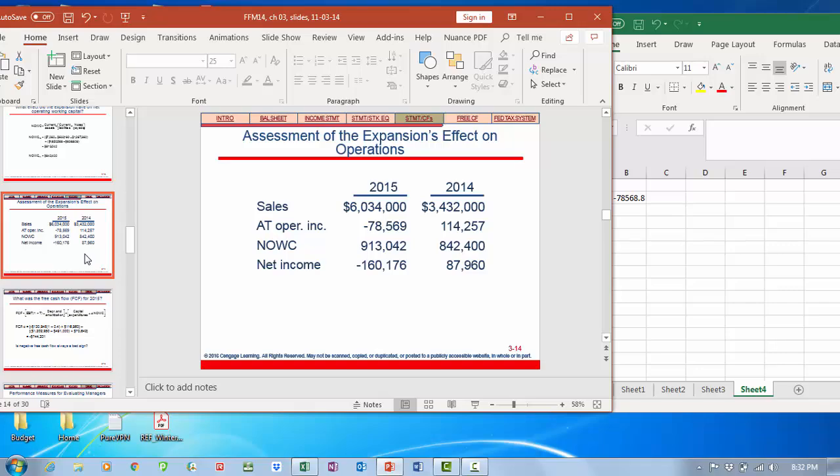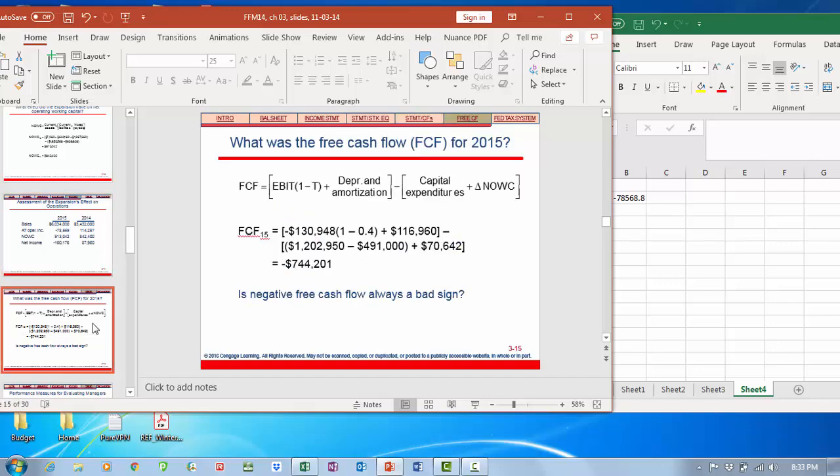For example, Research in Motion, the manufacturers of BlackBerry, which were really a successful company once upon a time, but they fell behind because they could not keep up with the kind of smartphones that were coming in the market. And even after they tried to come up with new versions of their phone, they could not succeed because they had lost the battle among the likes of Samsung and Apple and LG and so forth.